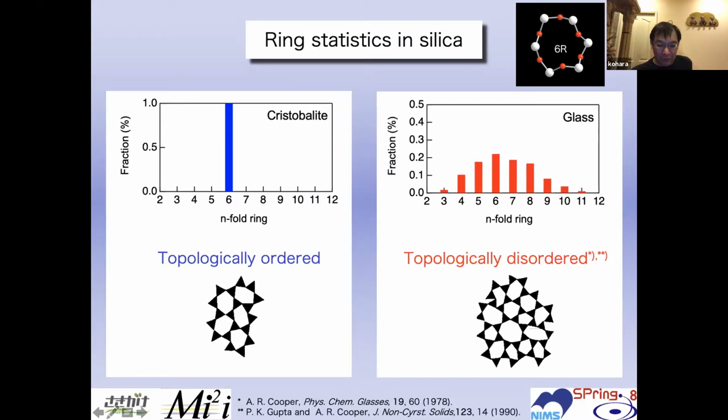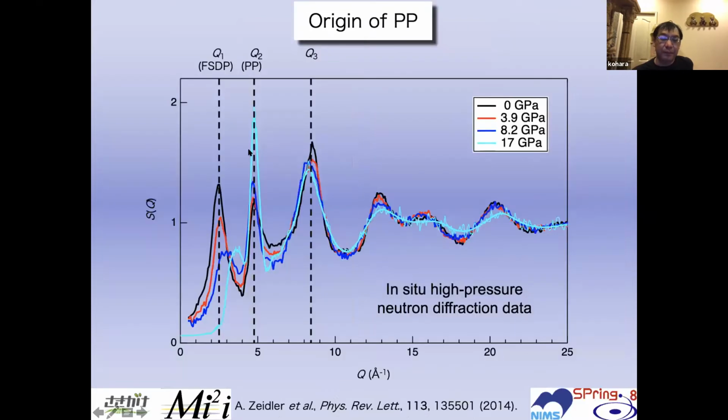According to Cooper and Gupta, glass is topologically disordered and the crystal is topologically ordered. This topological disorder is an important feature of glass. This is their conclusion. So this is a very important contrast between the glassy phase and the crystalline phase.